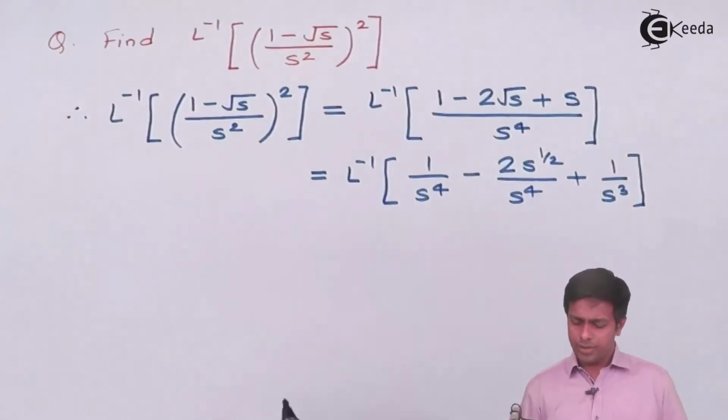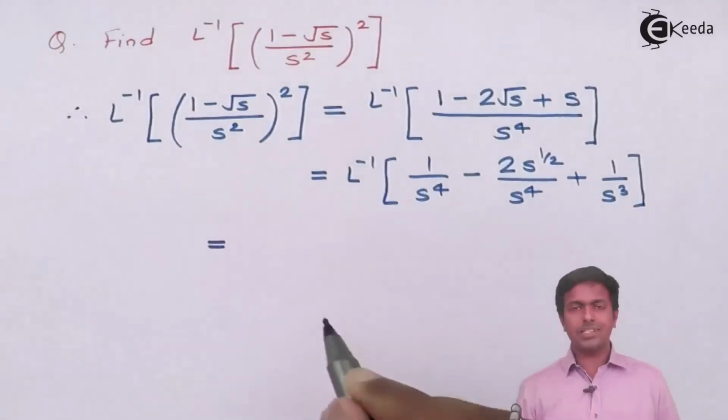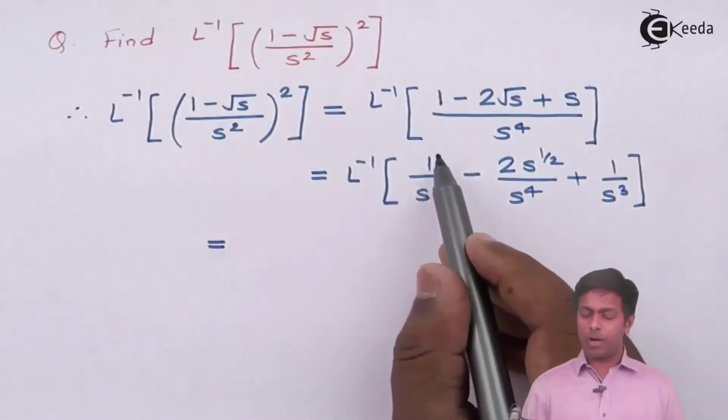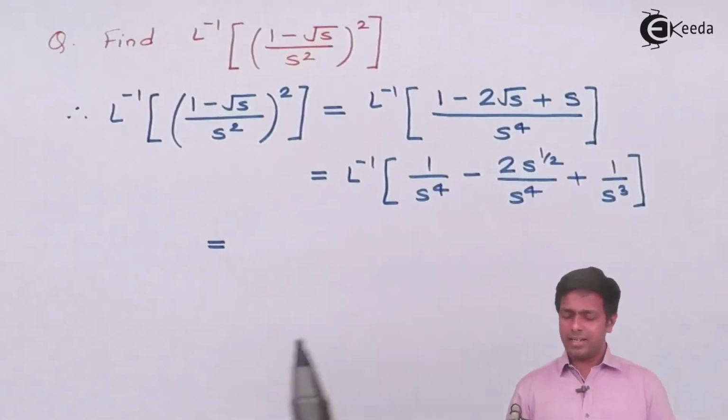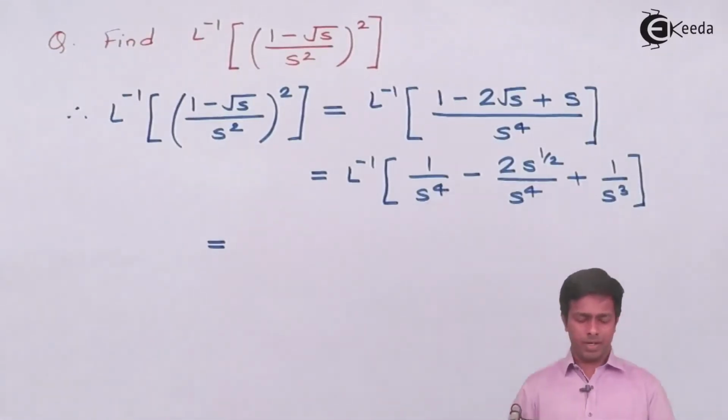So let's do it. What is the inverse Laplace transform of 1 upon s raised to 4? Guys, if you have seen my previous video, I told you about formula number 8 and 9 where we get 1 upon s raised to some number. I'll show you that formula again for reference.